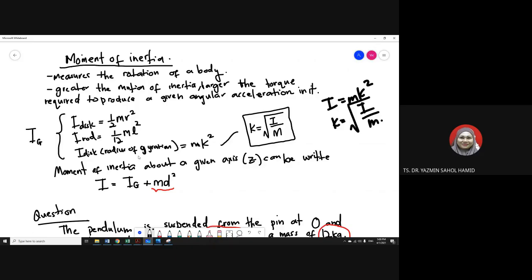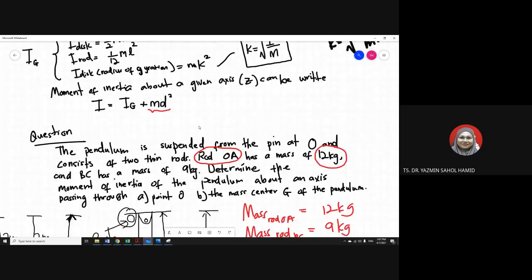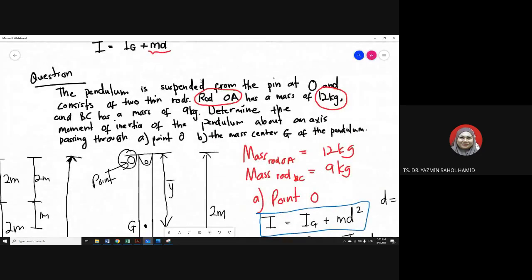Tapi kalau moment of inertia dia dekat point lain, point Z ke, point A ke, point B, maksudnya I dia dekat point tu berlainan, dia bukan dekat center G, you kena tambah satu lagi formula dalam you punya equation, iaitu I equals to IG plus MD squared. So you kena tambah ni. Boleh tak? Okay, now. So sekarang ni saya ada satu soalan kat bawah ni di mana kita menggunakan formula ni yang ada MD squared.